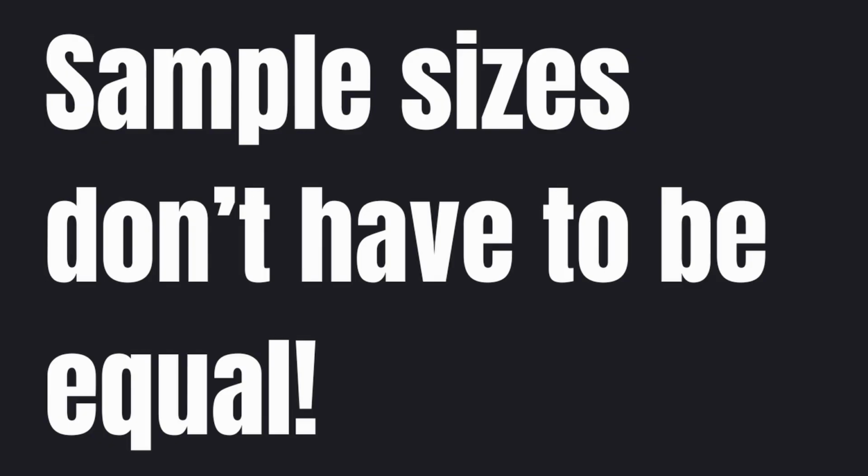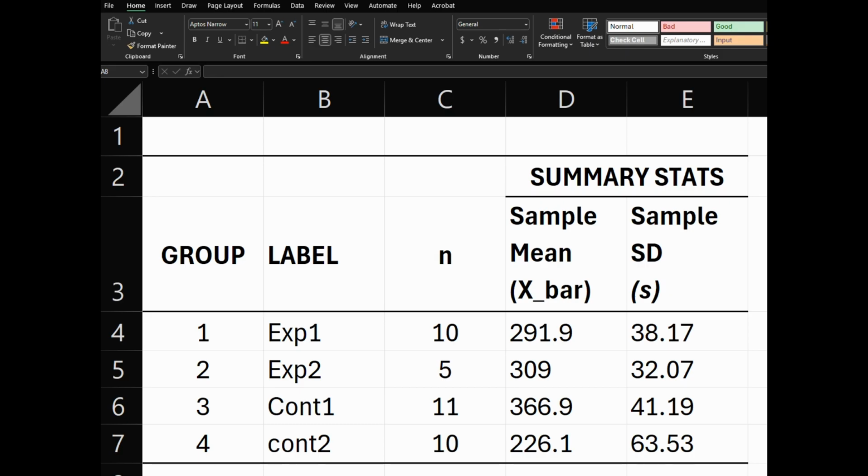They don't. But if they are equal, it's called a balanced analysis of variance. But I am purposely not making the sample sizes equal so that I can show you exactly how to do this thing regardless of whether the analysis of variance is balanced or unbalanced.